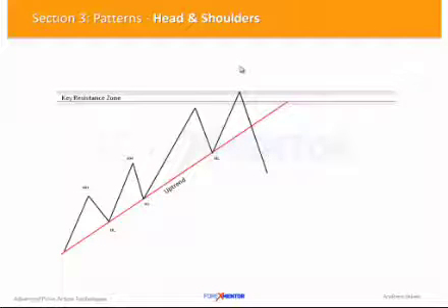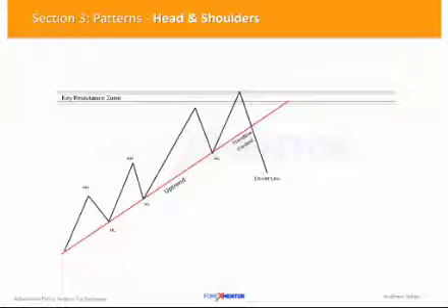Here you can see the trend line is cracked or broken, as well as price making a lower low. So this swing low right here was taken out. So we came up in an uptrend, we drove deeper into this resistance area before fading, breaking the trend line and making a lower low.